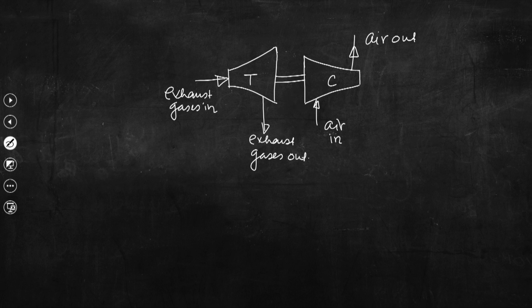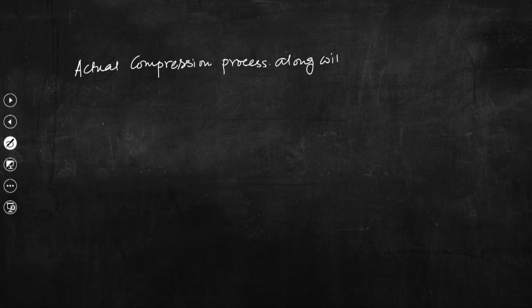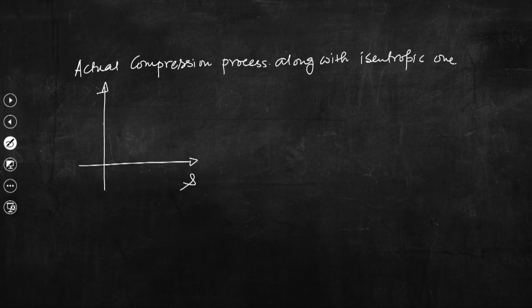So, if we draw the h-s diagram just for the sake of completeness, we see the actual compression process along with the isentropic one. If this is S and this is H, this is the isentropic process 1 to 2s.